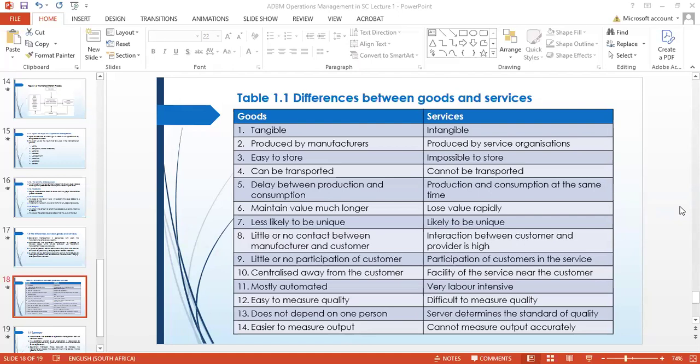Guys, are you there? We are here, Innocent. Is there anything to add on the differences between goods and services, or it's fine like this? Or maybe there's something that you want to subtract? For me, it's quite clear. Yeah, it's all clear. All right. Thank you very much, guys.